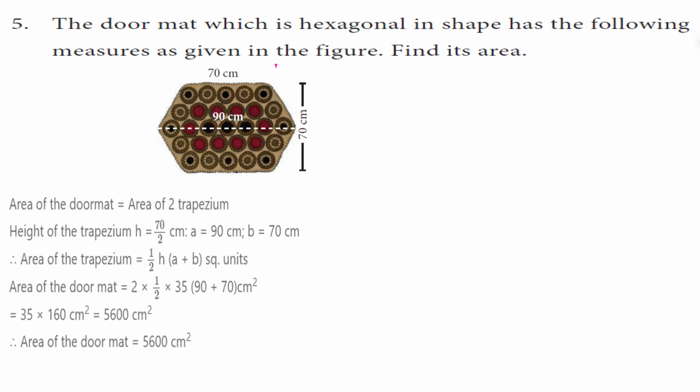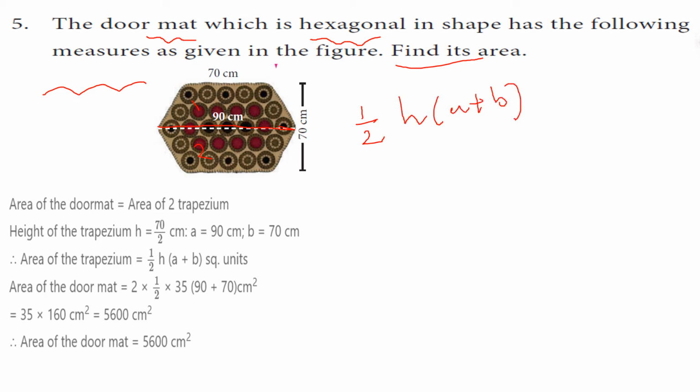The doormat, which is hexagonal in shape, has the following measures. Find its area. Here 2 trapeziums. The shape here is 2 trapeziums. For a trapezium, what measurement do we need? So the formula is half into h into a plus b.